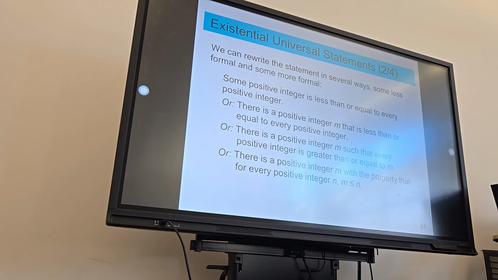Some positive integer is less than or equal to every positive integer. There's a positive integer m that is less than or equal to every positive integer. There's a positive integer n such that every positive integer is greater than or equal to m, and so on. There's lots of different ways to express that.